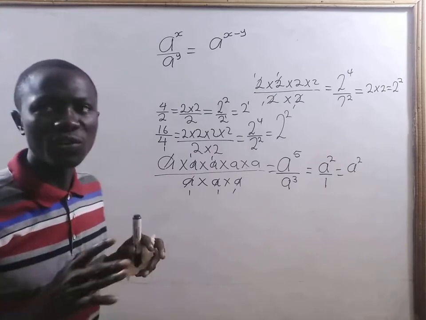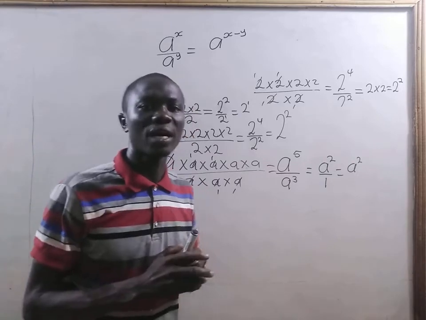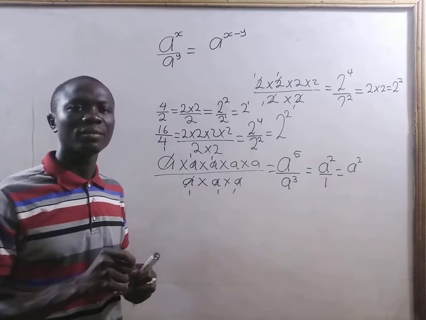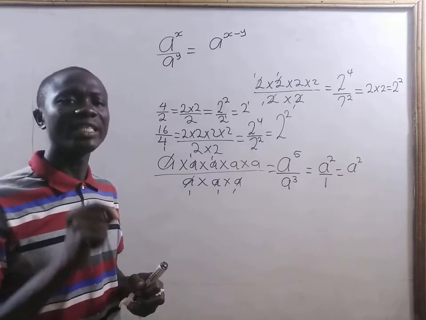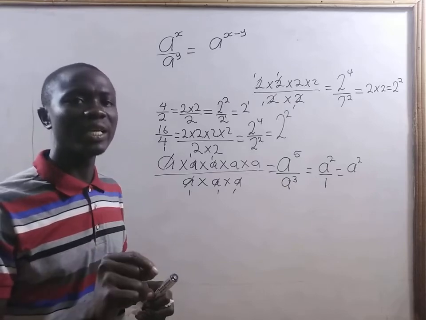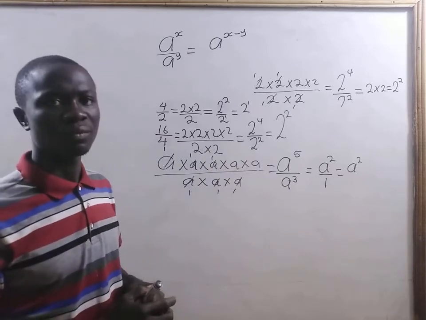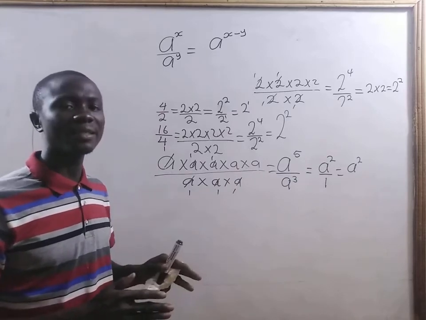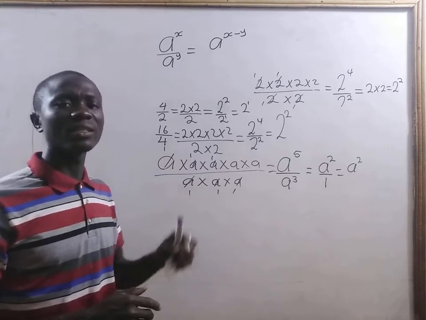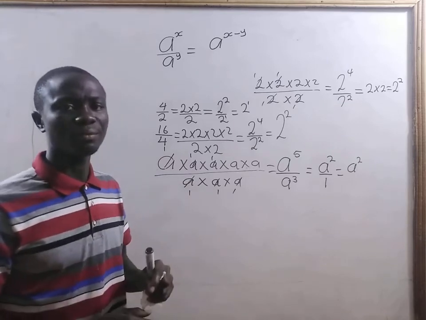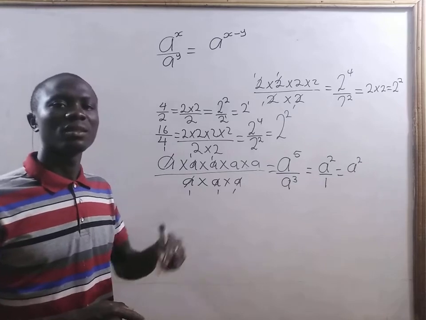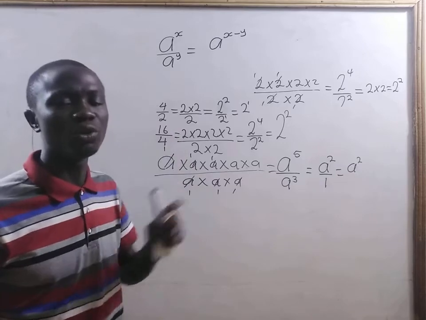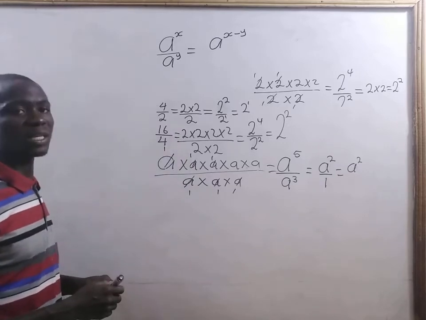That is, to divide numbers written with the same base, subtract the exponent of the denominator from the exponent of the numerator. That is the second law of exponents. Very, very simple as that.